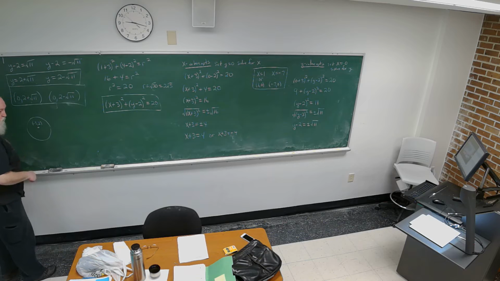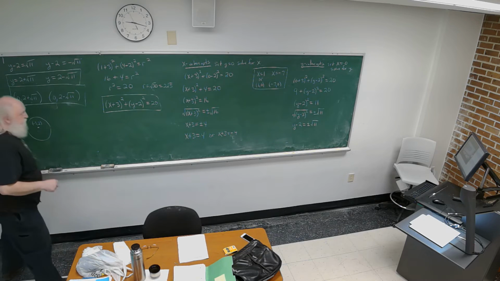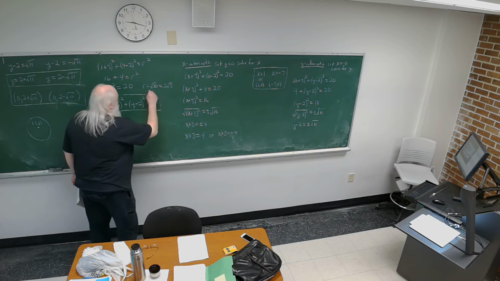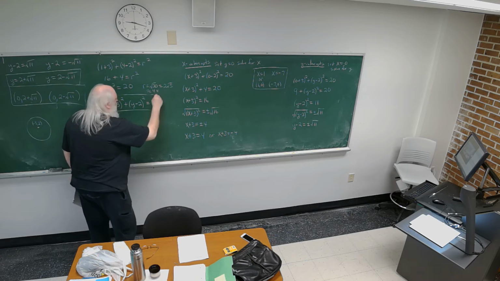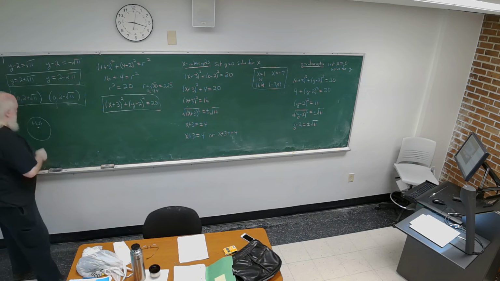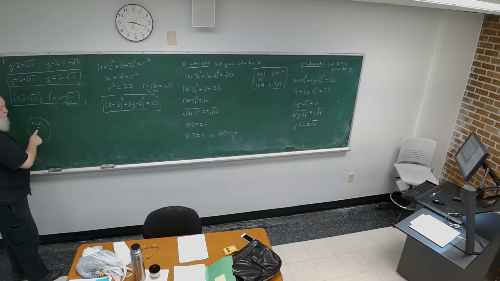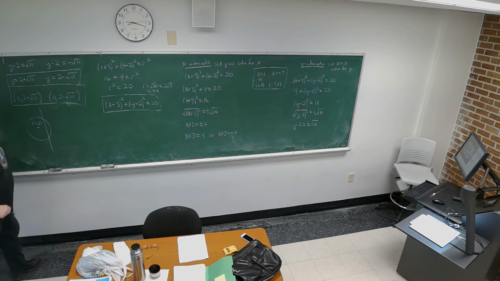No, I said that wrong. The distance from the center to the edge of the circle is around 4.4 units. And the center is only 3 units to the left of the y-axis. So the y-axis has to cut through the circle, something like that. So the distance from the center to the y-axis is 3 units, but the distance from the center to the edge of the circle is 4.4.